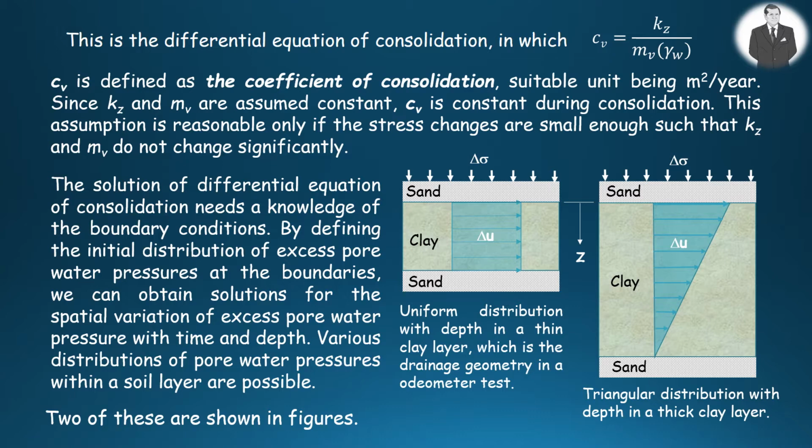Two of these are displayed in the figures. The first one represents uniform distribution with depth in a thin clay layer, which is the drainage geometry in an odometer test. And the second one represents triangular distribution with depth in a thick clay layer.